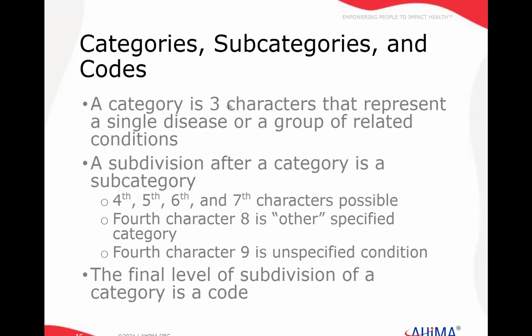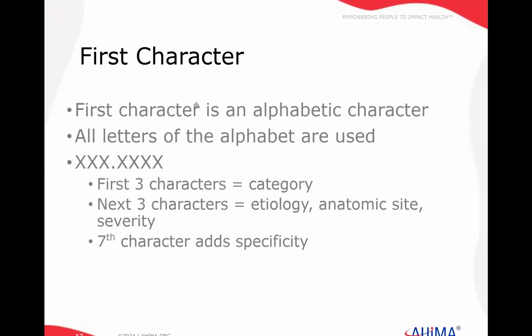With the 4th characters, 8 is used for other specified, and the 4th character of 9, which you'll become more familiar with, is an unspecified condition. The first character in ICD-10-CM is always going to be an alphabetic character, such as I-10.